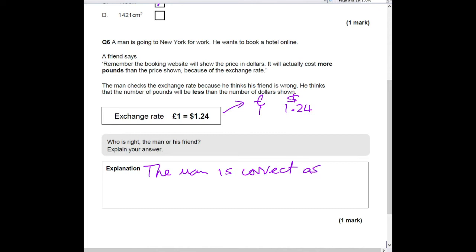as the cost will be less than the dollars shown on the website.